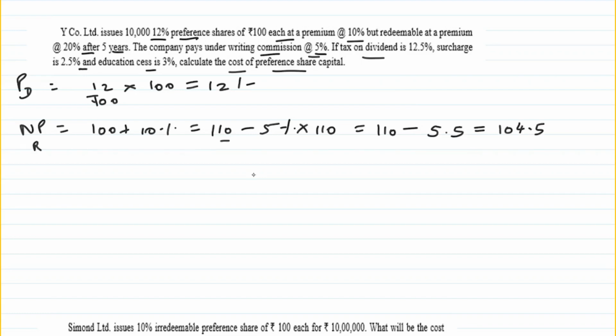Let's look at the redeemable value. It's redeemable at a premium of 20%. So 100 plus 20% should be equal to 120 rupees.